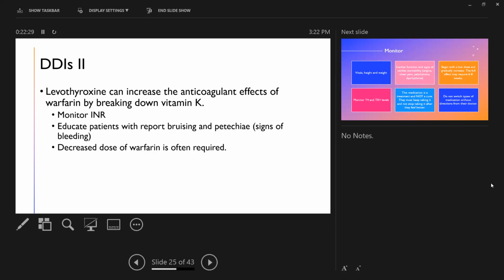I got that wrong. I'm sorry. It will raise the INR. So if your INR gets above 3, you might want to decrease the dose of warfarin. Educate patients about the signs of bleeding, ecchymosis, bleeding of the gums, coffee ground emesis, tarry stools, bruising, petechiae, things like that.